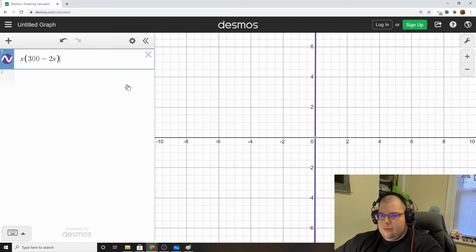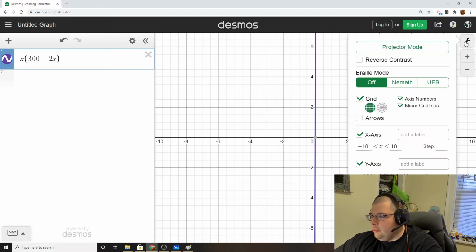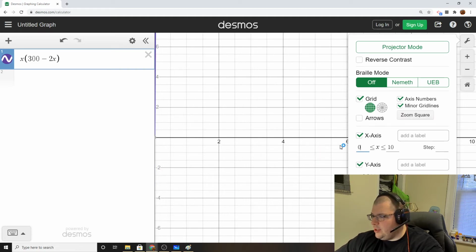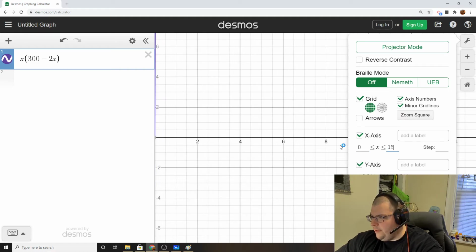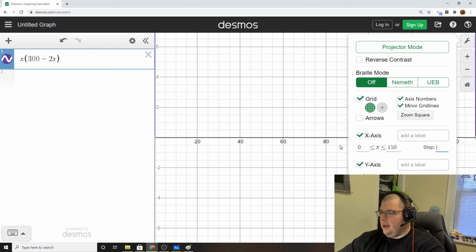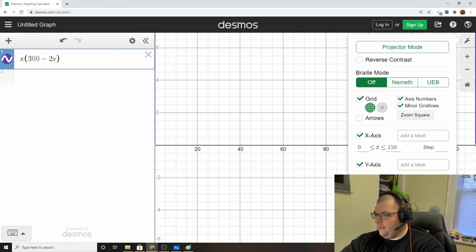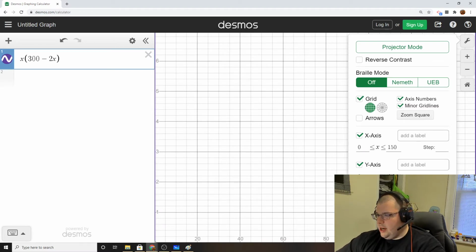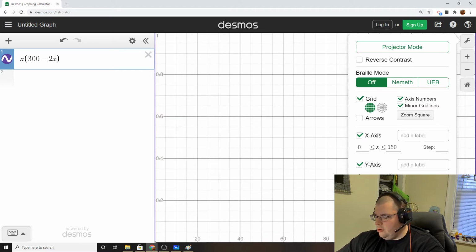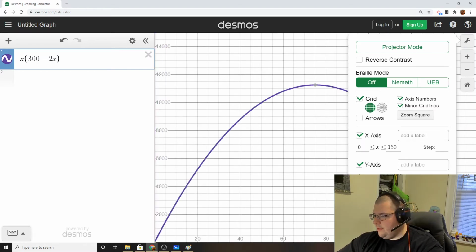And now we want to think y values. We need to zoom out a lot. So x should be a number between 0 and 150, we said. And my y values should go from an area of 0. We saw 10,000 in one of our answers, so I'm going to say 15,000.